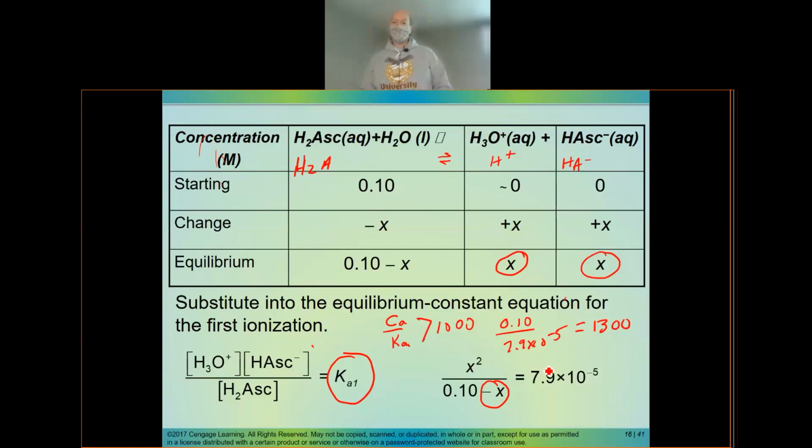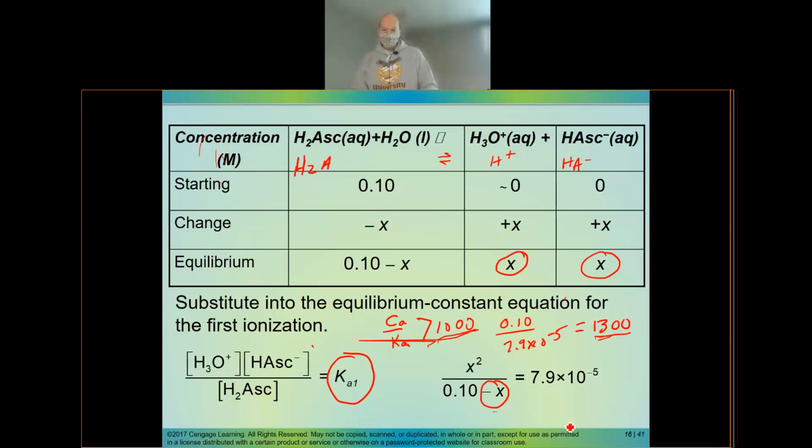All right, so basically if it's over 1,000, not 100, over 1,000, then you do not have to check your X value. And in this case, it might change, but again, if your value is greater than 1,000, you do not have to check your X. If it is less than 1,000, you either do successive approximations and check them, or you do the quadratic equation.